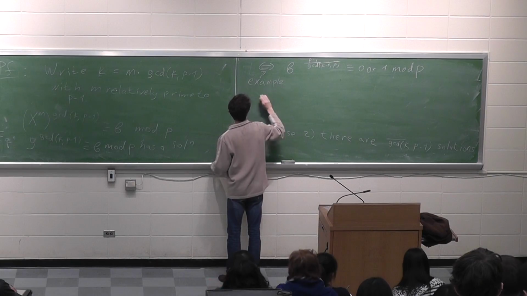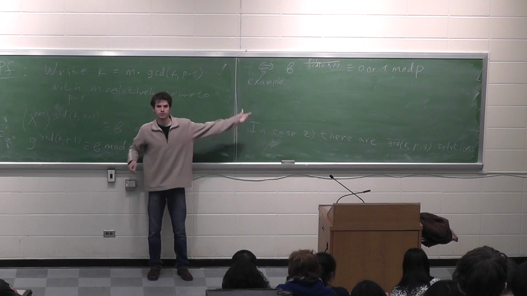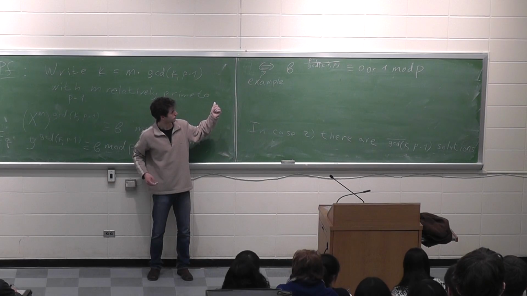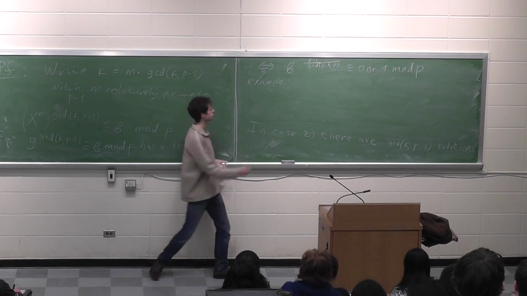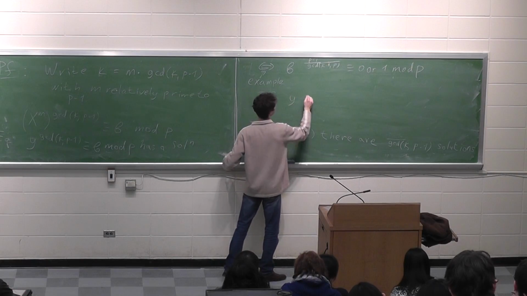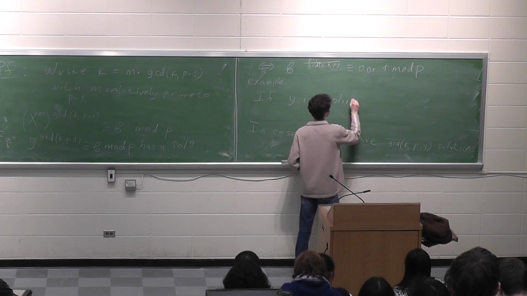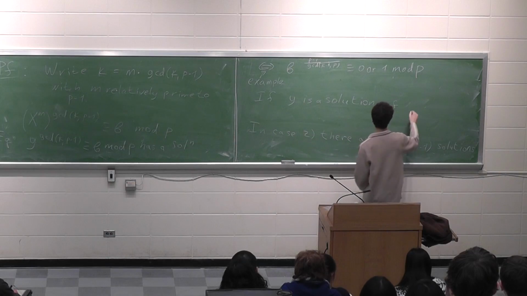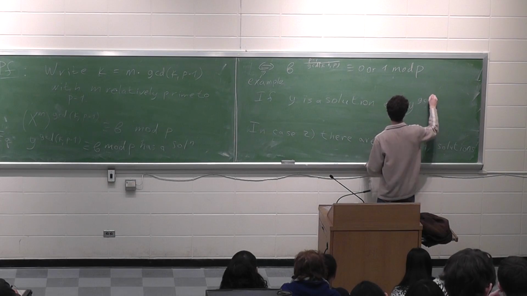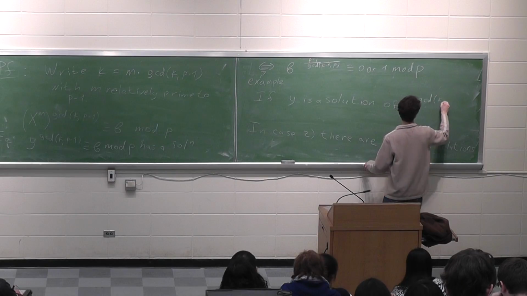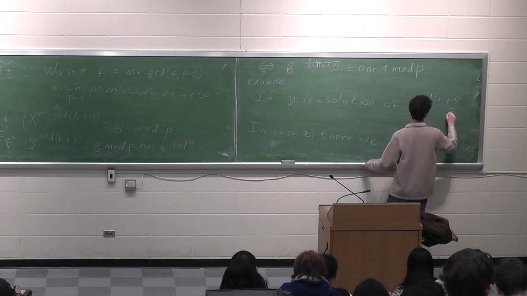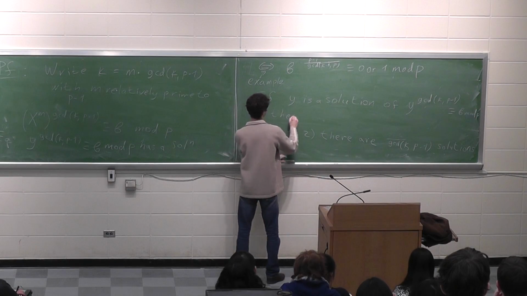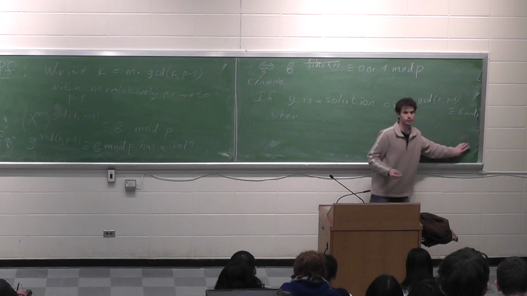Example that we already considered. And so if y is a solution of y to the power GCD of k and p minus 1 congruent to b modulo p, then how do we get back to x?